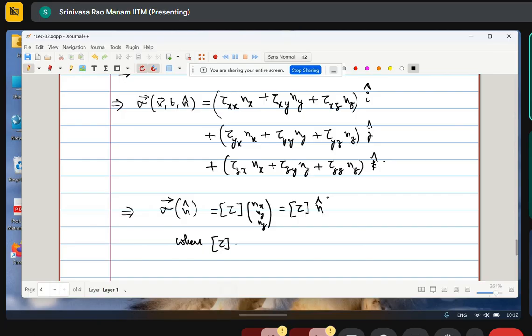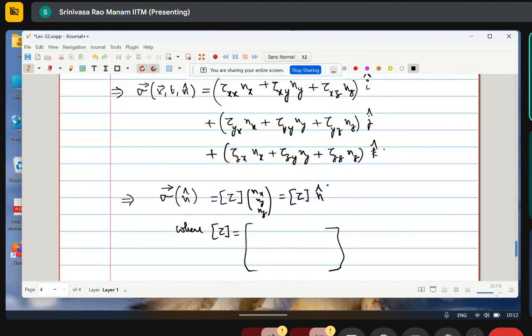This matrix tau is basically, you just observe and adjust in such a way that you get what you want. So tau xx. So what should I put it now? Nx, ny, nz. No, so tau xx, tau xy. This is our matrix, right?